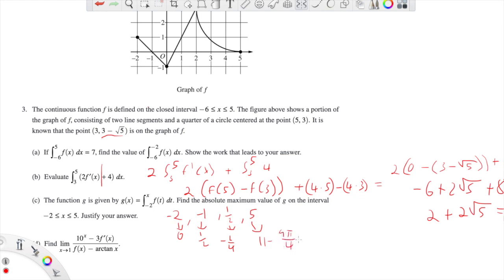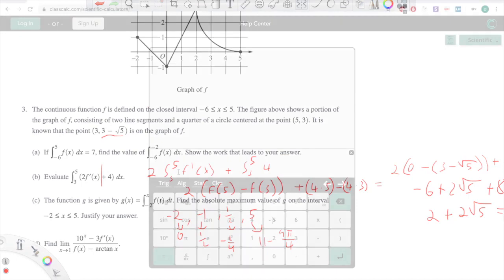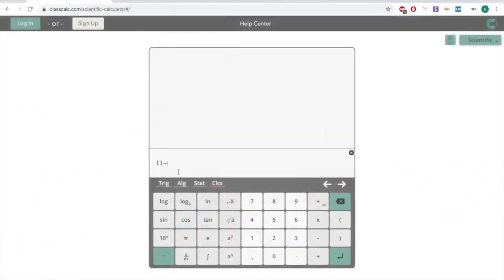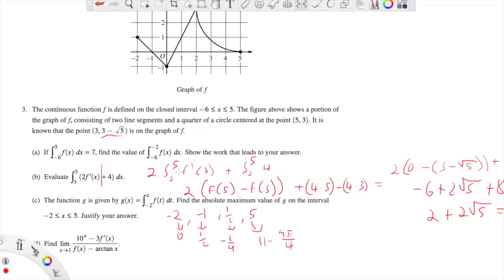And you can just tell graphically that that's going to be at least greater than a half, right? And we can check that against the calculator just in case. Which gives us 3.93, which is greater than a half. So at x equals 5, it's going to be the global maximum, and it's going to be this.